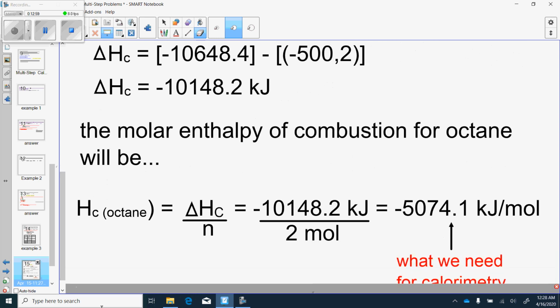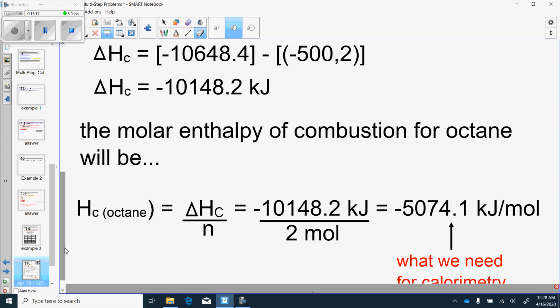Good old formula we've used before. We take our total enthalpy, divide it by moles, the coefficient in front of octane, 2 moles, and we get our molar enthalpy. That's what we need for calorimetry.